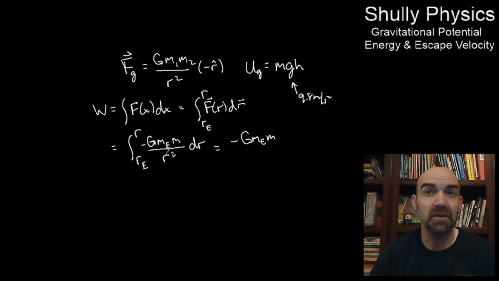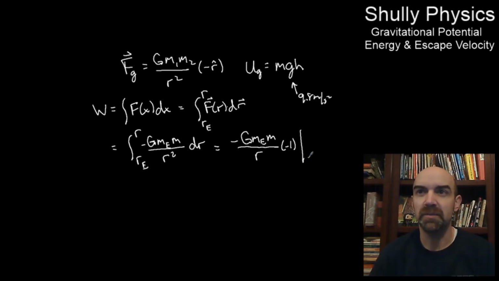And the integral of r to the negative 2, we're going to increase that power to a negative 1. So r to the negative 1 is 1 over r. And we would get a negative out of that also, so multiplied by negative 1, because it's going to be 1 over n plus 1, which is negative 1.